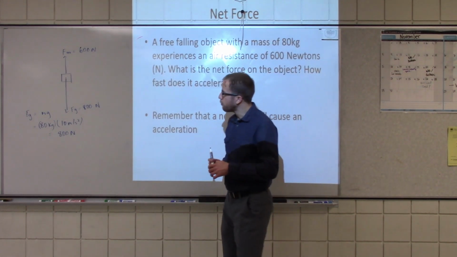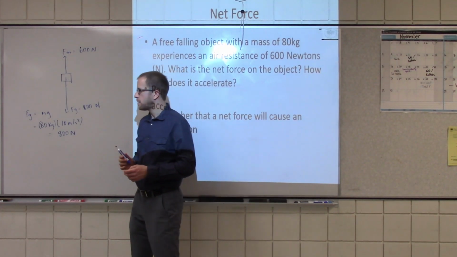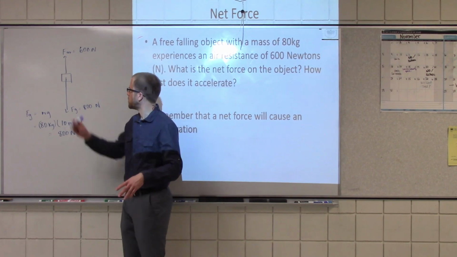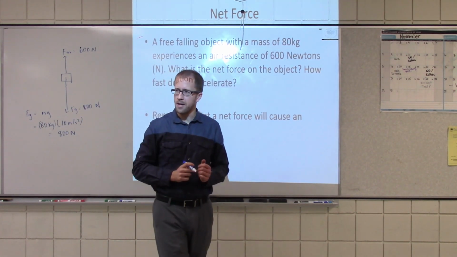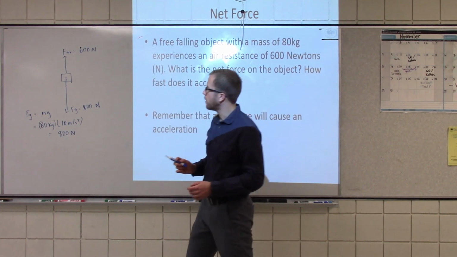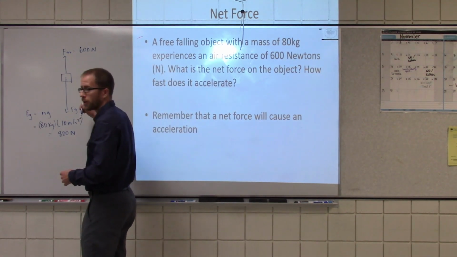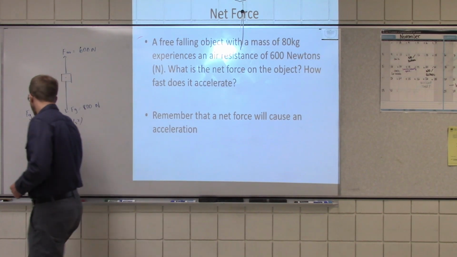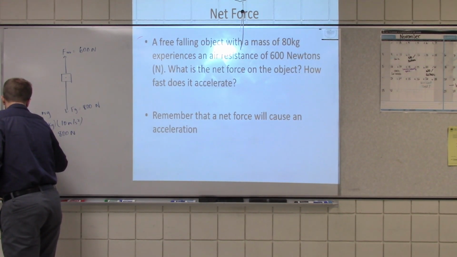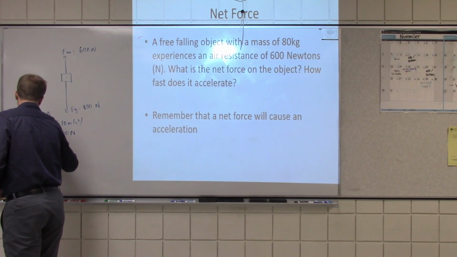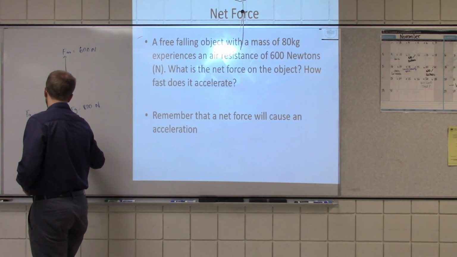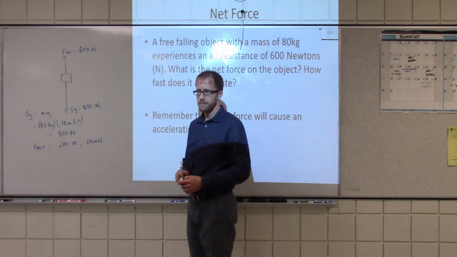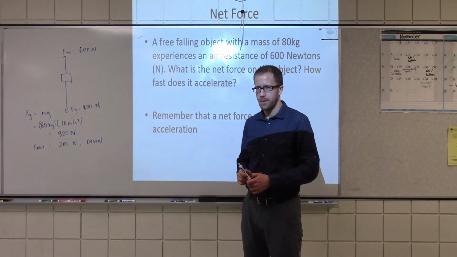So in which direction is my net force? My sum of all forces. Once we cancel things out, which direction is it? Down. How much left over do we have? 200 newtons. So my net force here is 200 newtons down.